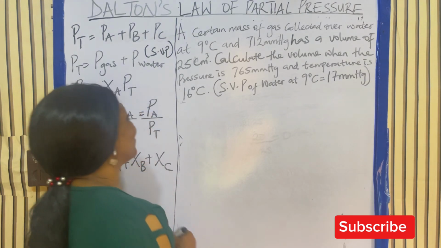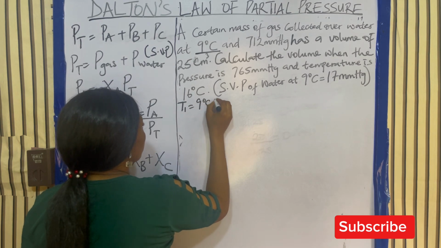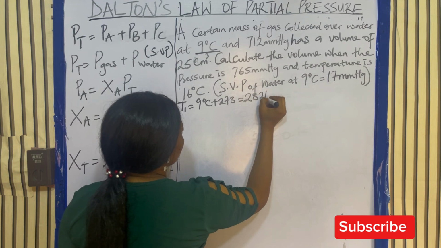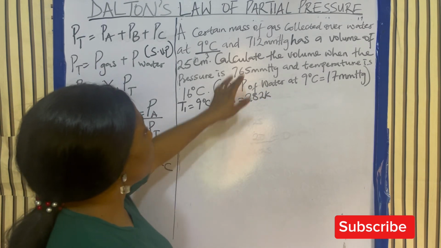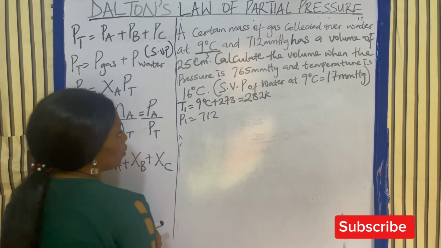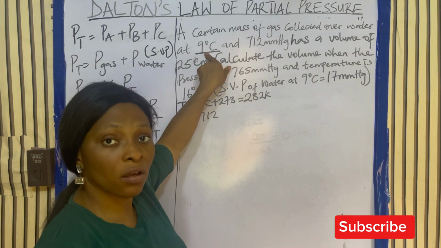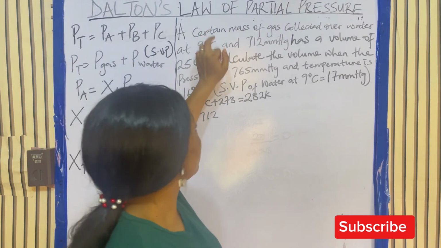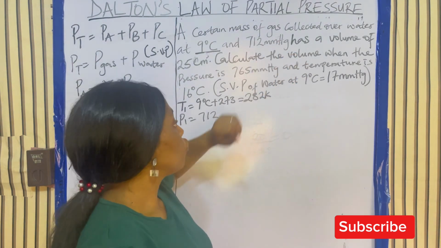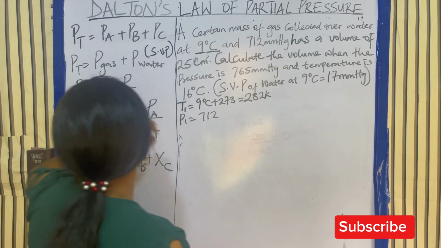So let's solve. Now, our temperature T1 is 9 degrees Celsius. You add 273 to it, and that gives us 282 Kelvin. Then P1 is 712 millimeter mercury. Now, the question says SVP of water at 9 degrees Celsius is 17, so you are going to subtract this from this, just like you have here.